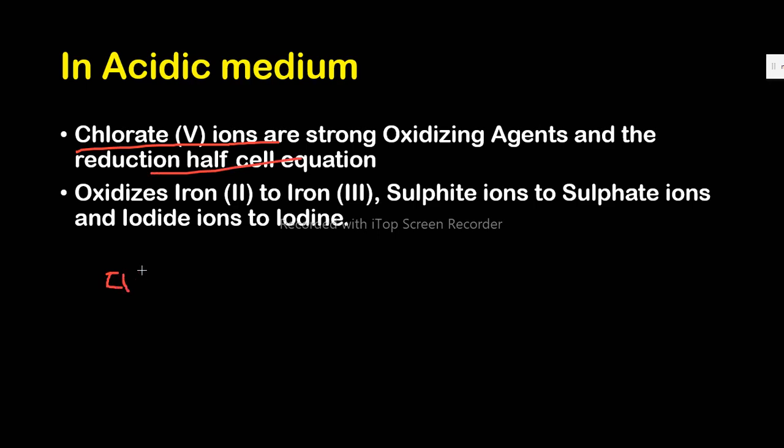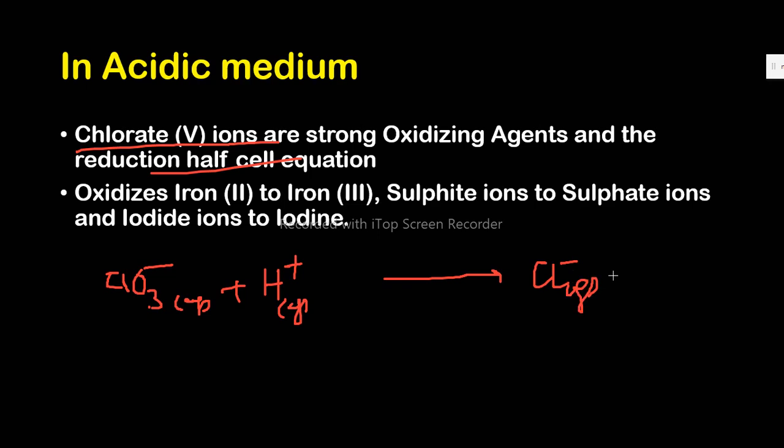You have a chlorate, ClO3 minus, aqueous, and then in acidic medium, H plus, and then it will give us obviously a chloride, plus our water. So let's try to balance. If we put a 3 here and we put a 6 here, our equation is balanced.